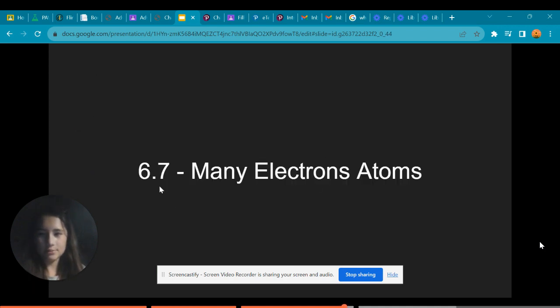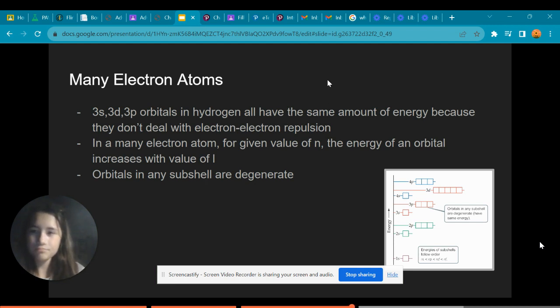And now we are on to 6.7, many electron atoms. The one atom that we use a lot to compare and to figure out how atoms work is hydrogen. So the 3s, 3d, and 3p orbitals in hydrogen all have the same amount of energy because they don't deal with electron-electron repulsion.